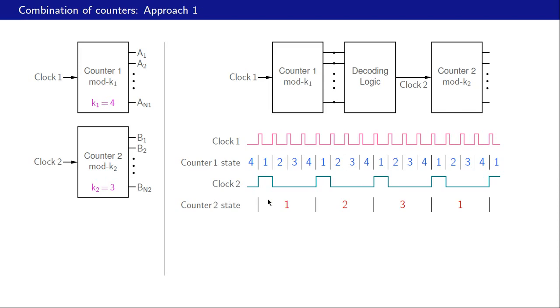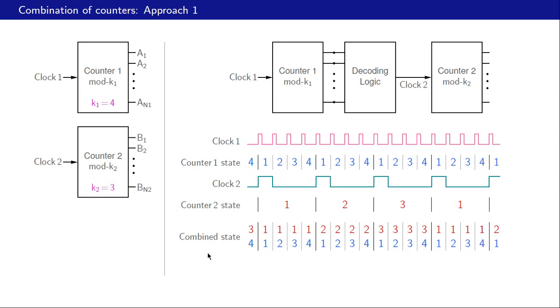So with every clock pulse, the state of the second counter changes. So here it is 1, then it is 2, then it is 3, and then back to 1. So we have 2 different states here. State for counter 1, which is indicated by blue numbers here, and the state for counter 2, which is indicated with red numbers here.